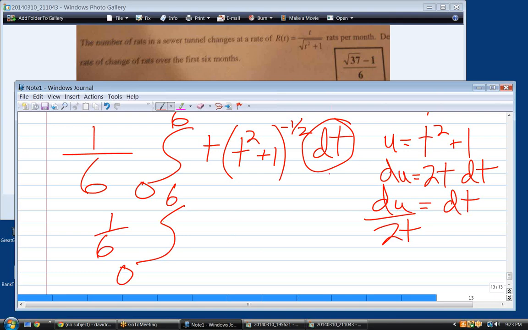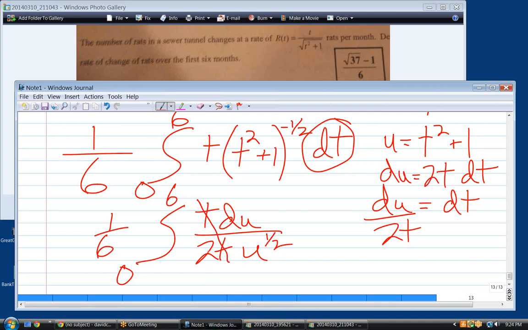So I've got du over 2t, and a square root of u. Now the t's cancel out.